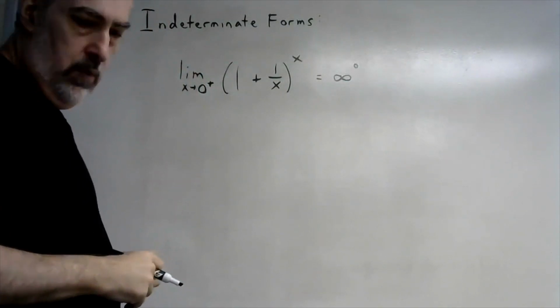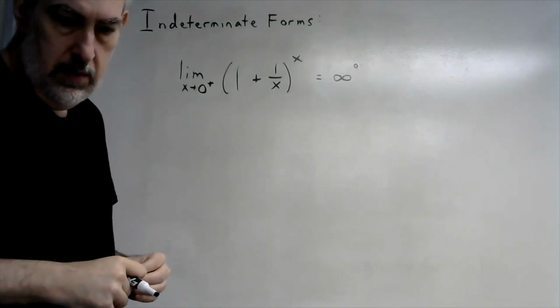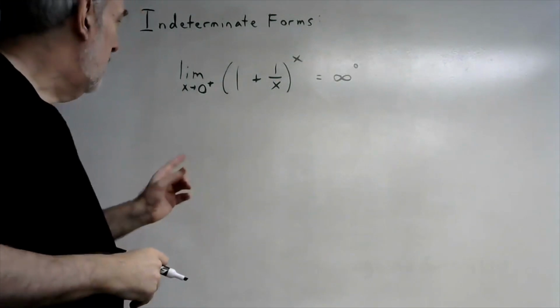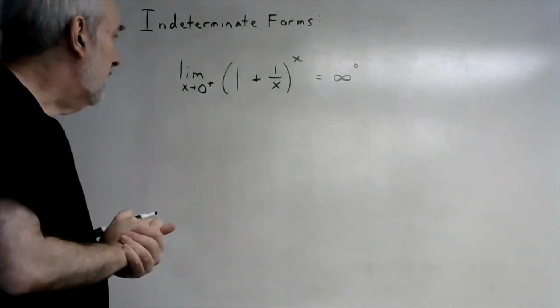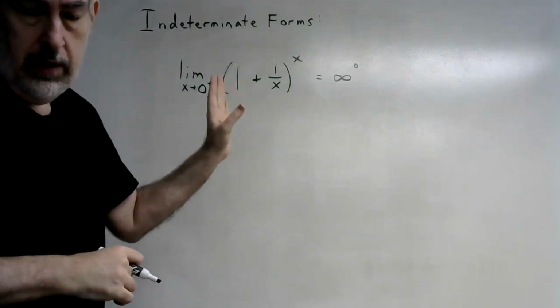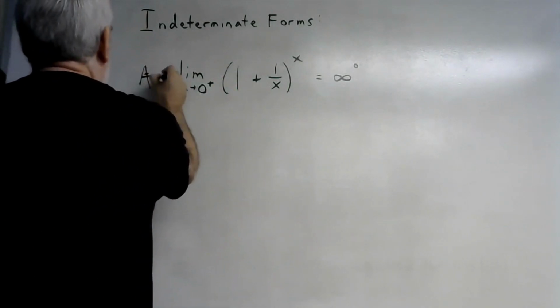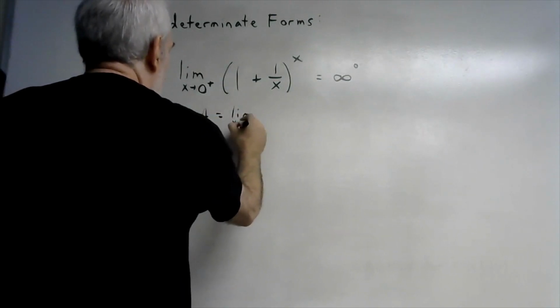That isn't exactly what I was wanting. Anyway, let's go ahead and continue with this one. Infinity raised to 0 is one of our indeterminate forms. So set this equal to a, and take the natural log of both sides.